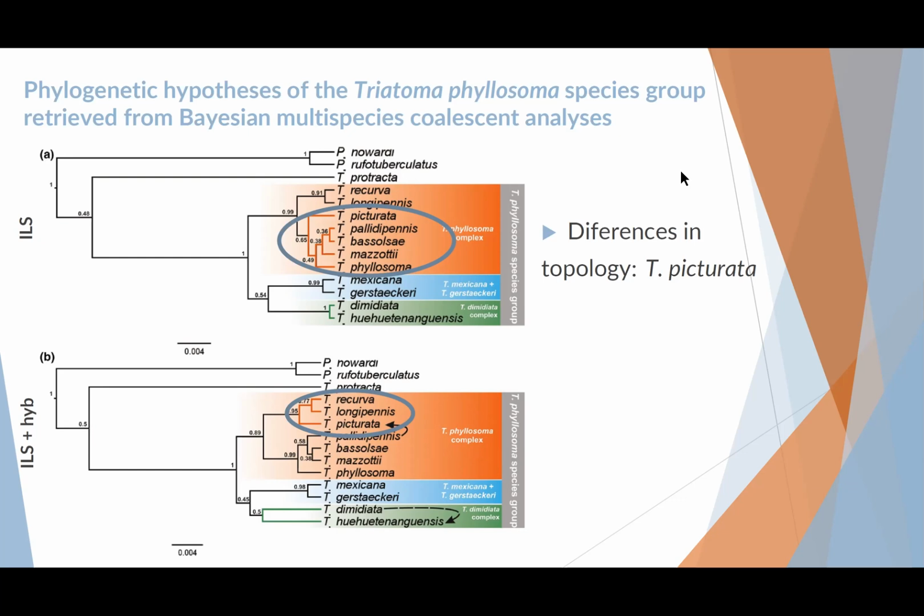In the first case, Triatoma picturata clusters with Triatoma pallidipenis, Triatoma mazzottii, Triatoma phyllosoma, and well, we can treat this like a polytomy, but Triatoma picturata is not clustering with Triatoma recurva and Triatoma longipennis. In the second case, Triatoma picturata clusters with Triatoma recurva and Triatoma longipennis.